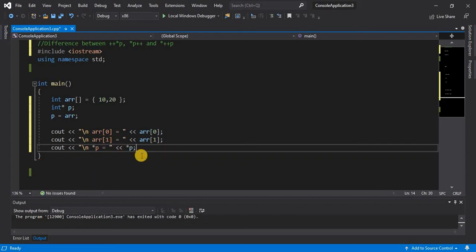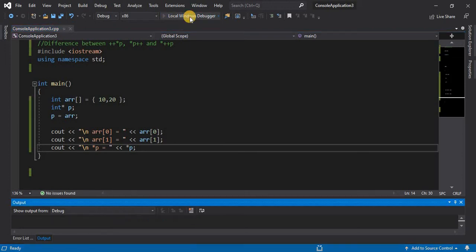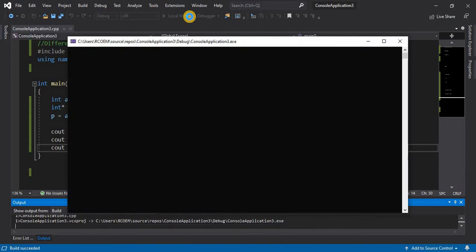Okay, so let us try to print the default values of ARR 0, ARR 1. We have created one integer pointer and we have asked that p to point to ARR. So let's see what is the output of these three parameters.